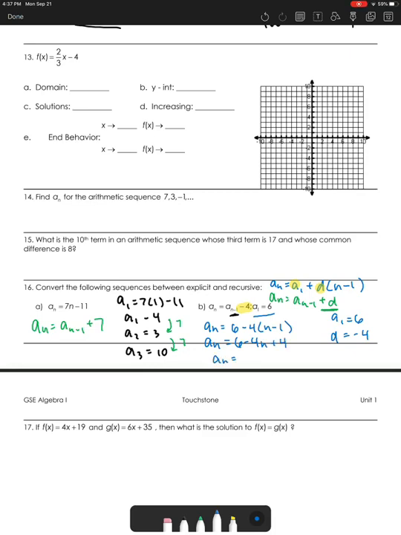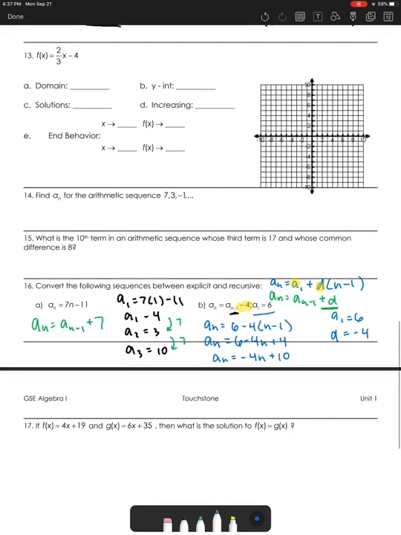A sub n equals negative 4n plus 10. Okay, so this is your final answer in this problem, and this is your final answer in this problem. Again, ask questions in class tomorrow if you would like another example of this, but it's pretty straightforward.